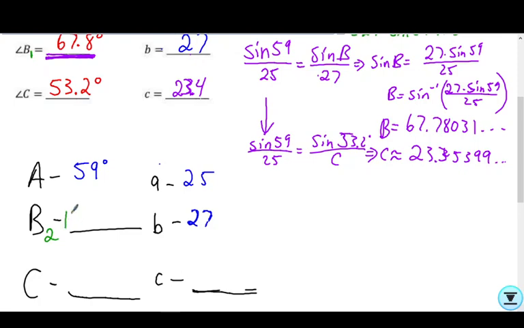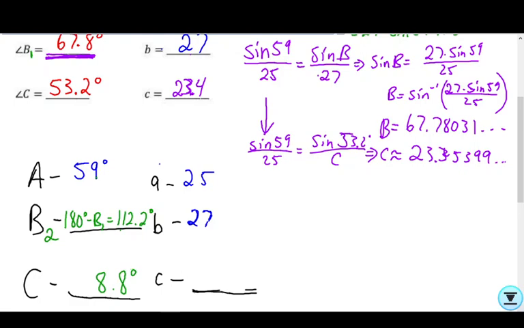B2 is going to be 180 degrees minus B1, and when I subtract those two, I get 112.2 degrees. Okay? So whatever angle I found first, that's the angle I'm going to subtract from 180 degrees to find my second triangle. And again, just like the last time, now that we have angle A and angle B, we subtract both of those from 180 degrees, and we get our third angle, which is angle C at 8.8 degrees.